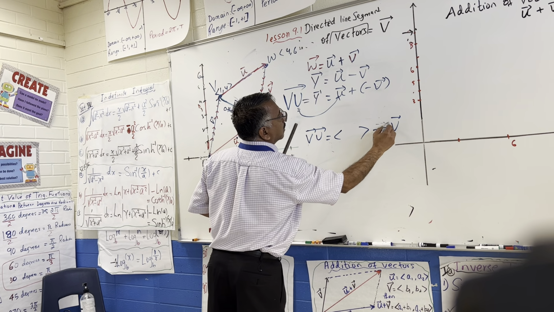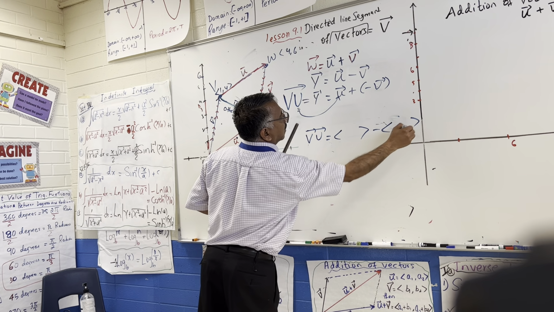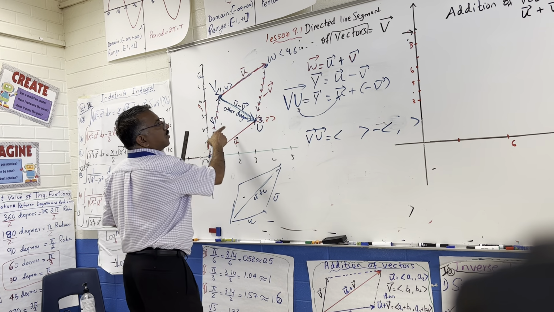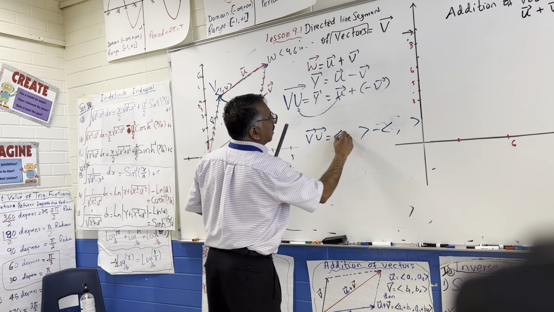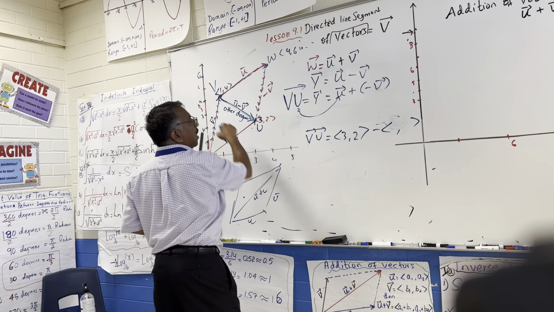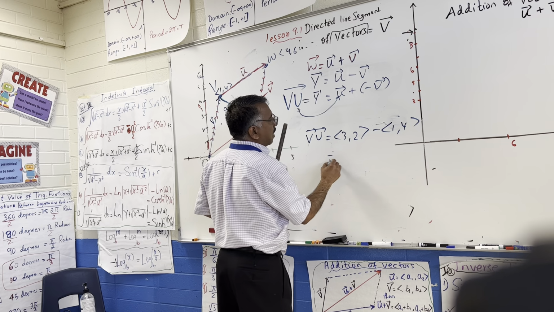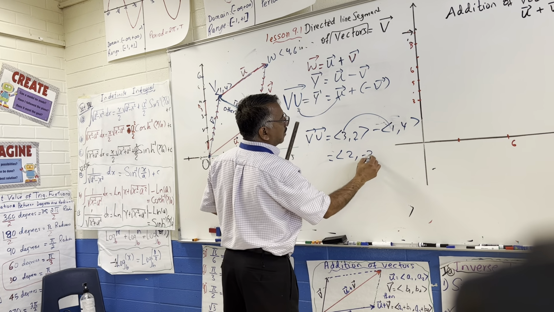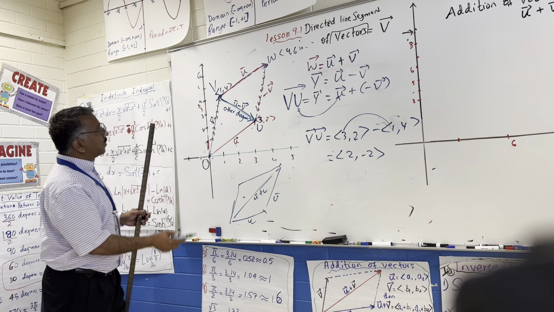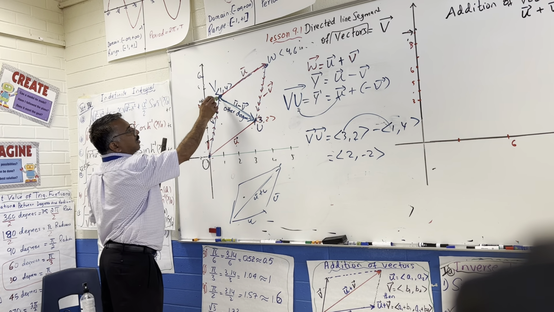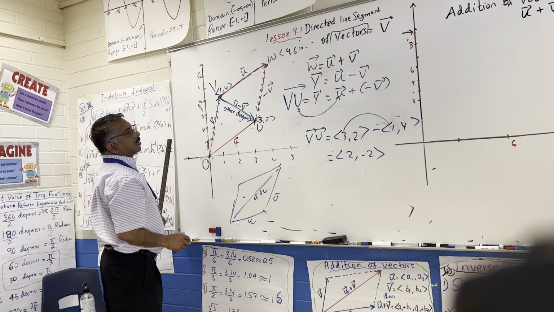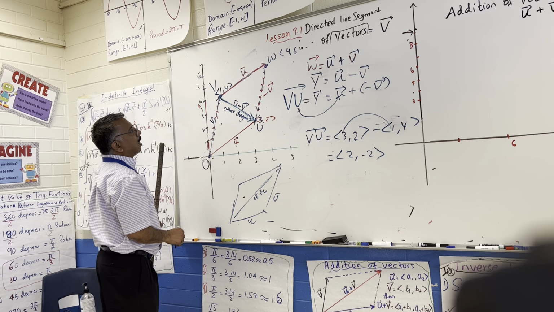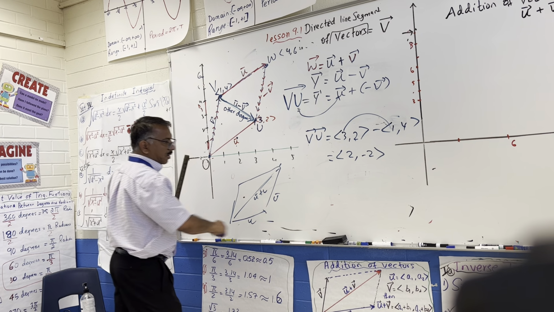So u is 3, 2, and v is 1, 4. You just subtract, and you get the answer. 3 minus 1 is 2, and 2 minus 4 is minus 2. So this vector basically is 2, minus 2.